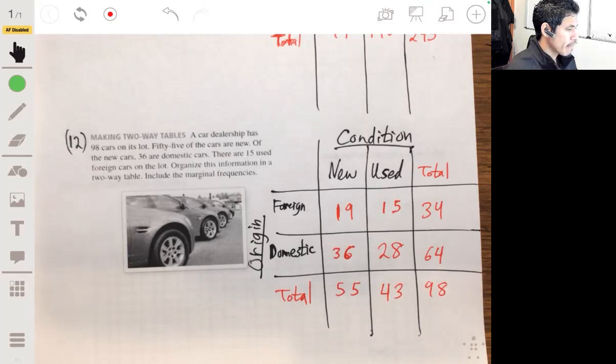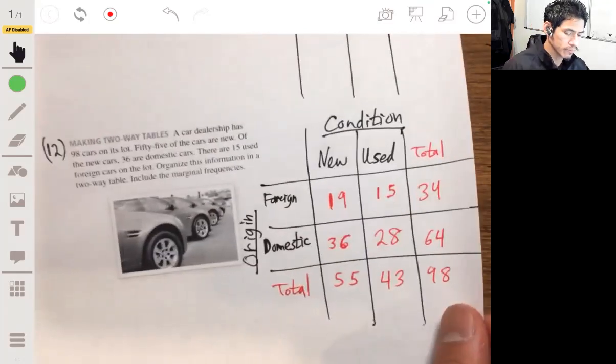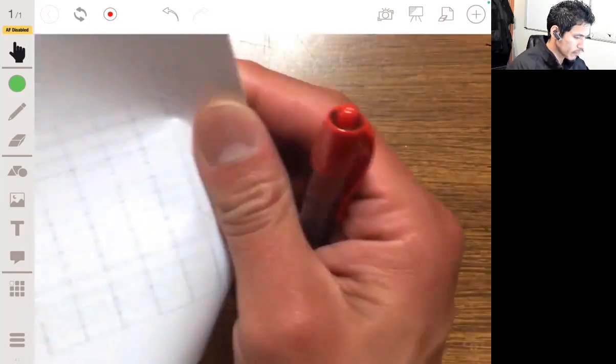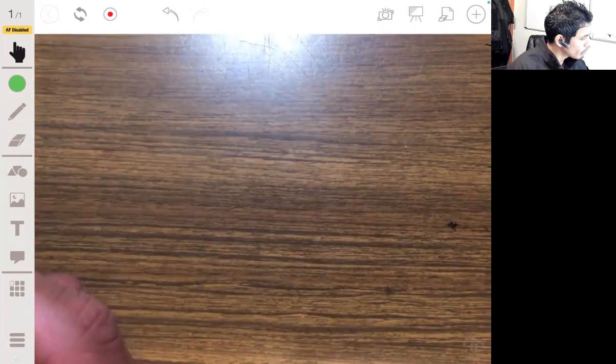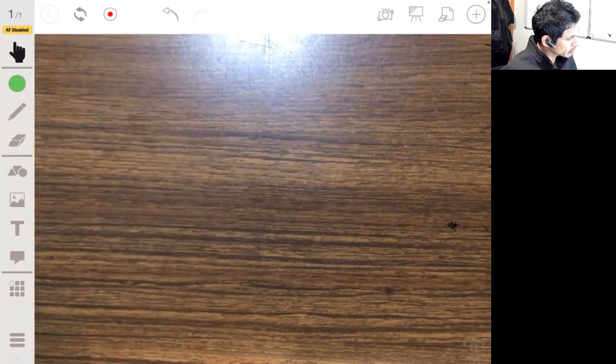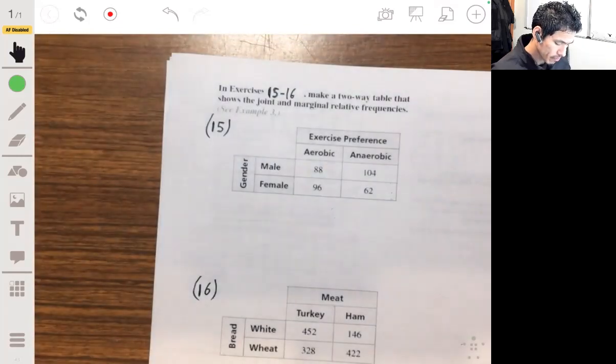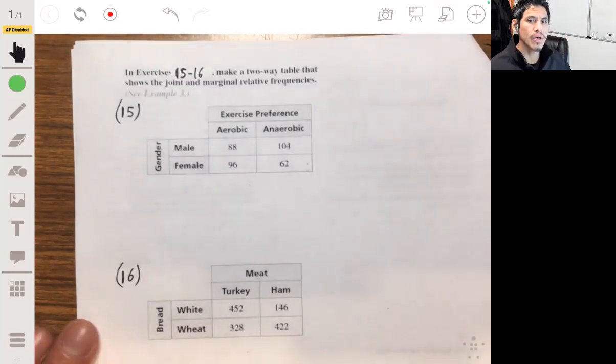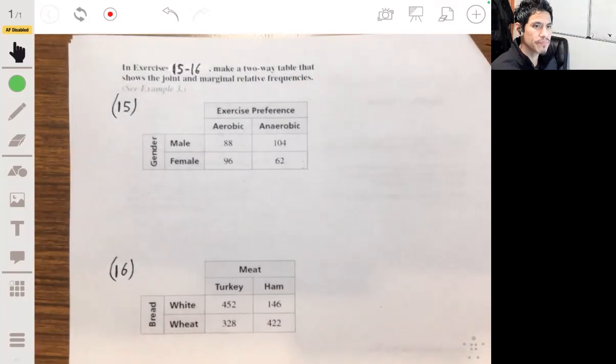So let's keep it going. All right, let's look at some more of these types of tables where we're organizing frequency.